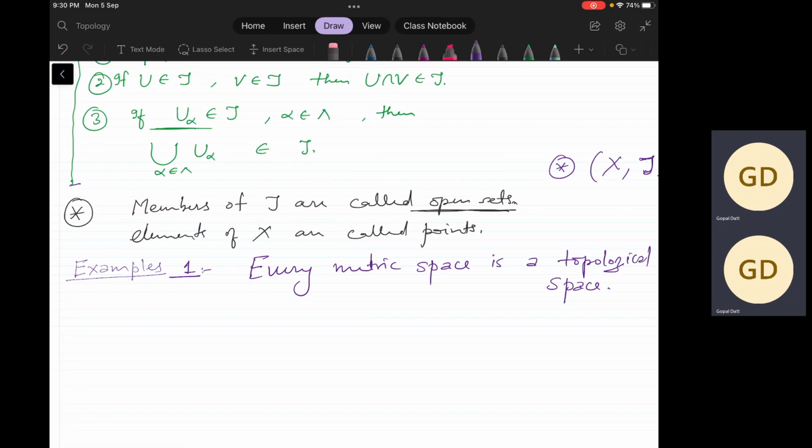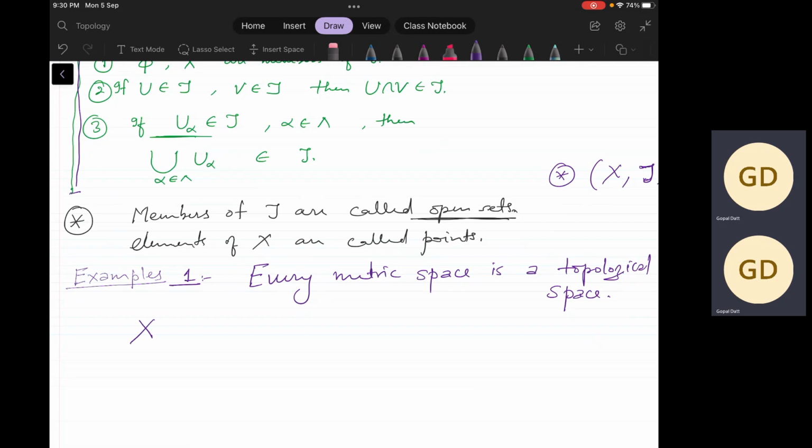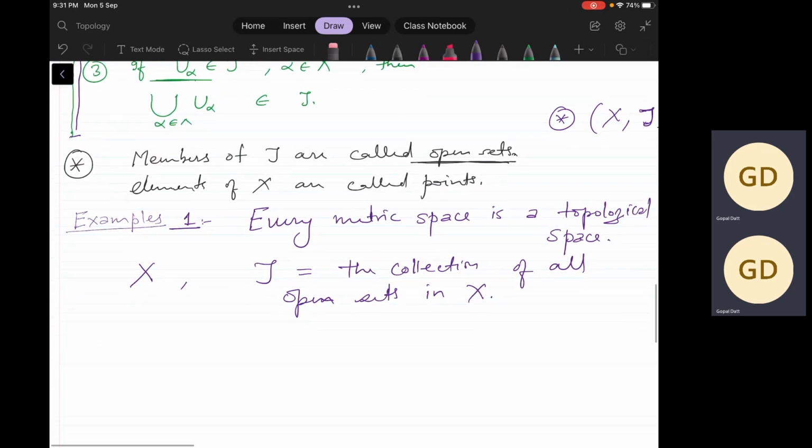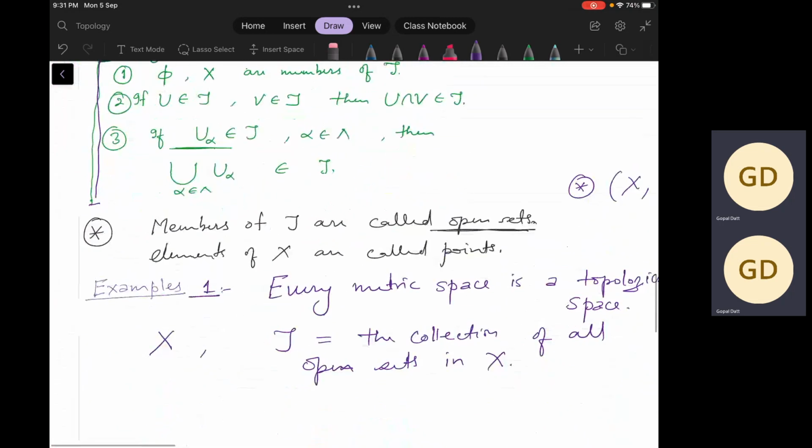So how? For a topological space, we need a set and a collection of subsets which satisfy these properties. A metric space is a set with metric structure. So we will take the same X, and tau will be the collection of all open sets in X. We know from this result that the three properties are automatically satisfied by open sets.